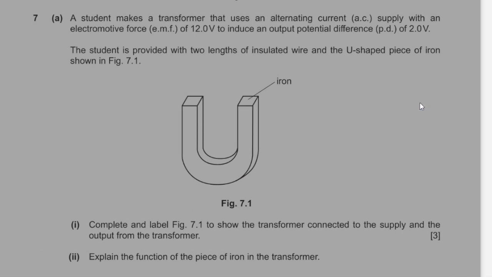So the primary coil has the greatest number of turns. So here I have my coil and it is connected to an AC supply of 12 volts, and then I'll label this primary coil.